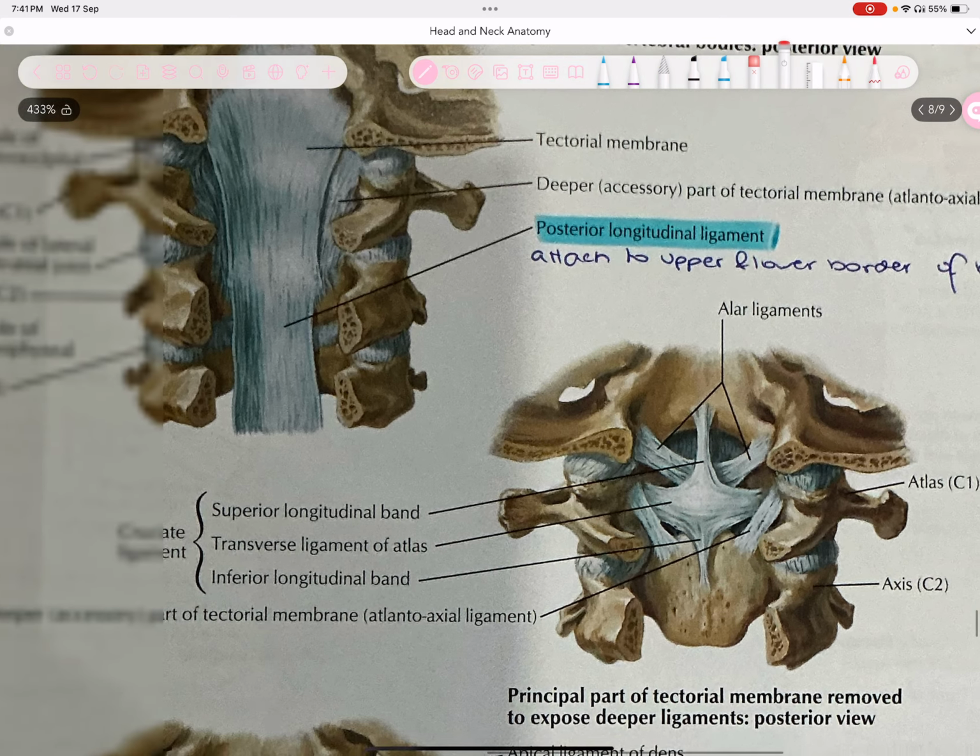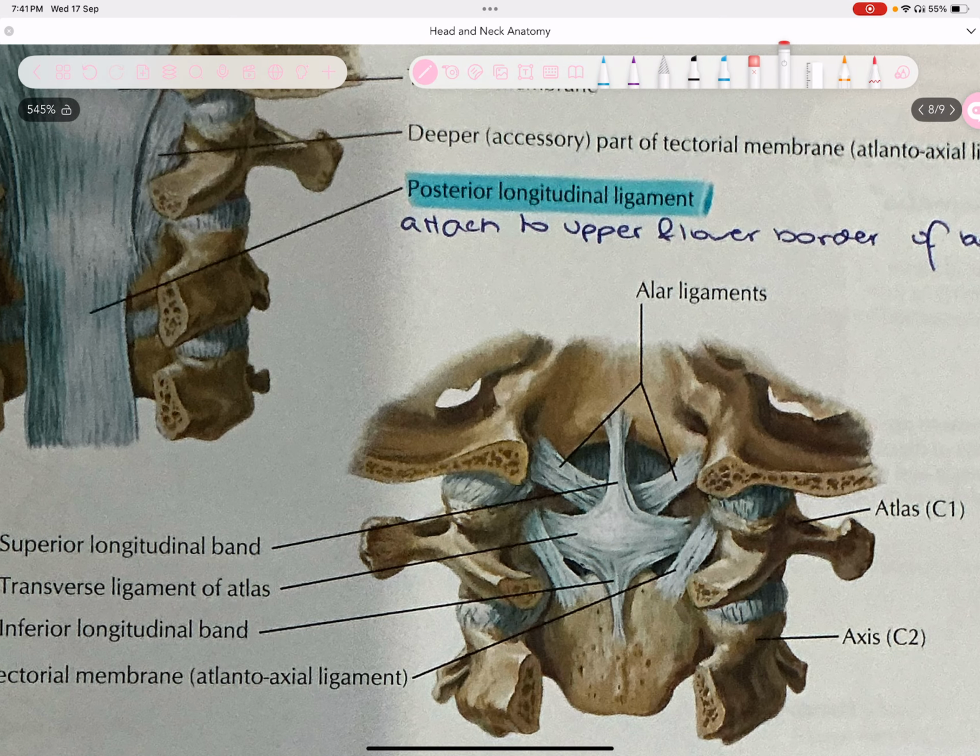You can see the alar ligament here, but you cannot see the apical ligament because it's behind the superior longitudinal band. This is the inferior longitudinal band. This is the transverse ligament of the atlas, which joins to the posterior articular facet on the posterior side of the dens. So this is the cruciate ligament.